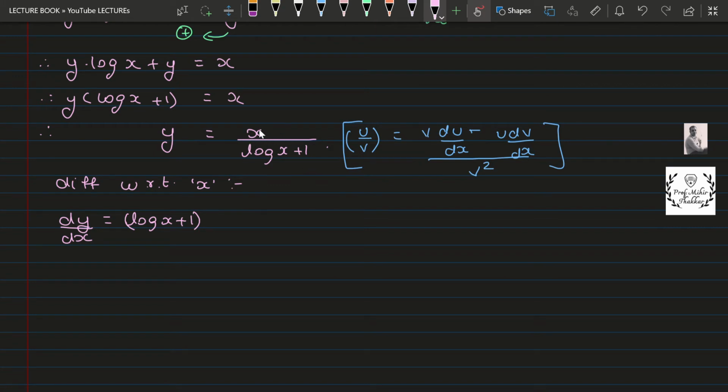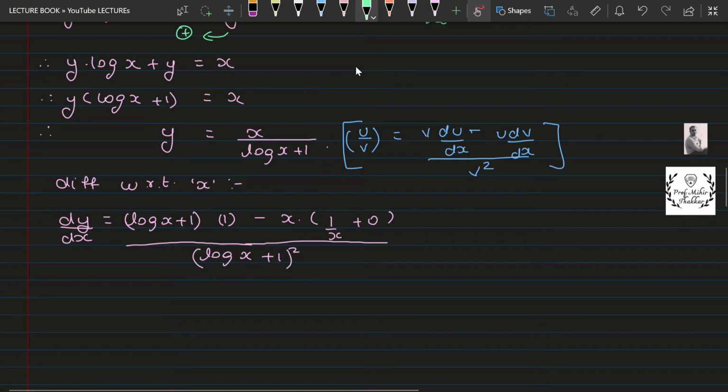So over here I consider that log x plus 1 is equal to v and x itself is u. So log x plus 1 into derivative of x, which is equal to 1, minus x into derivative of log x plus 1, which is 1 by x plus 0, and whole upon v square. So this is log x plus 1 the whole square. Now this positive and negative x will get cancelled on opening the brackets.